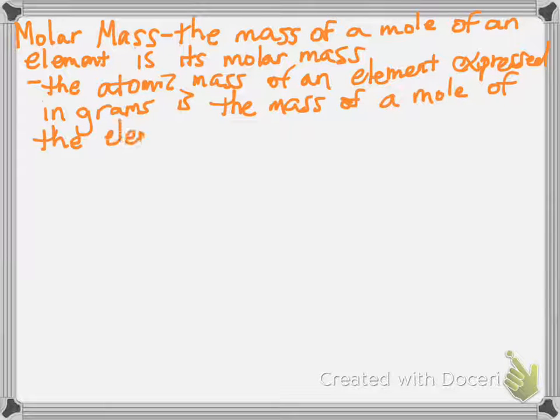So again, you did that on that ChemQuest where you looked at the mass of a single atom in grams, and then you figured out how many of those atoms it would take to equal the atomic mass of the element in grams. And you discovered that always that was the same number of particles, that Avogadro's number of 6.022 times 10 to the 23rd.